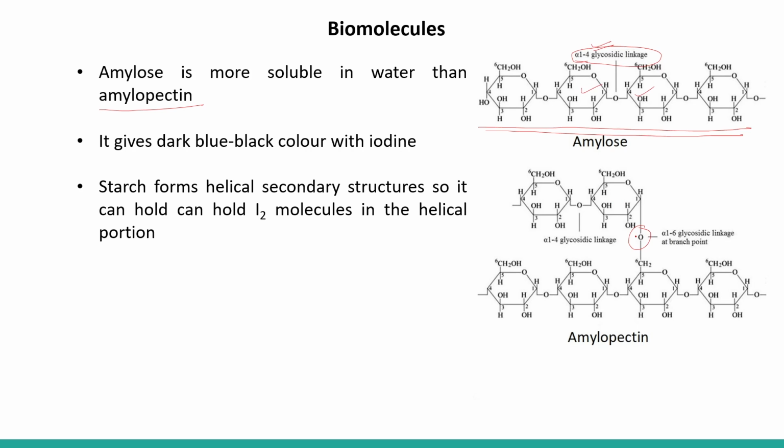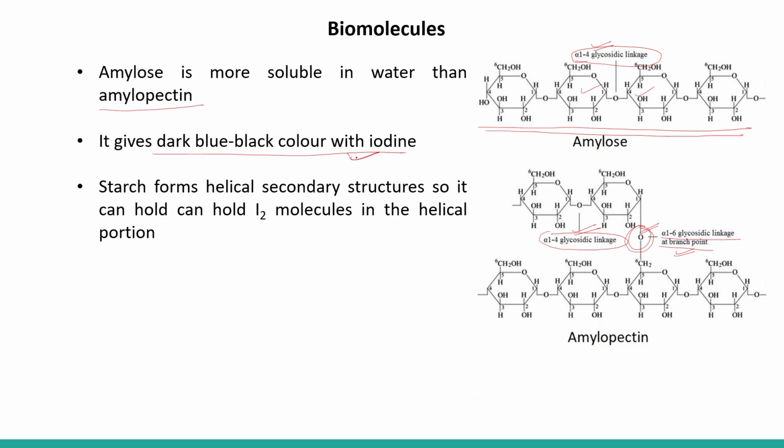Now in amylopectin, at the site of branching, an alpha-1,6-glycosidic linkage is present at the point of branch. Otherwise, they also have the alpha-1,4-glycosidic linkage only. It gives a dark blue-black color with iodine.